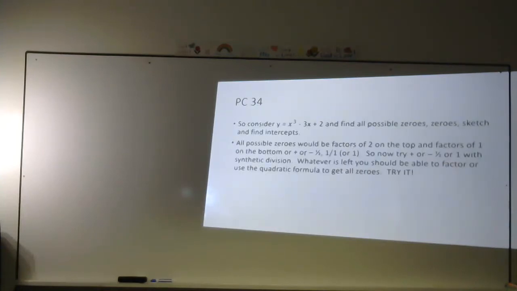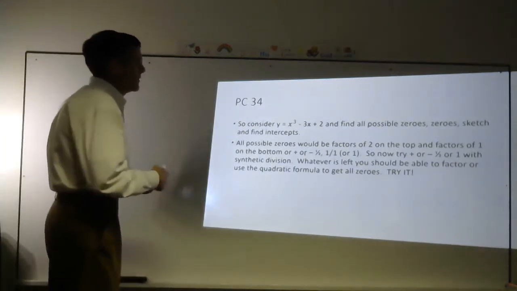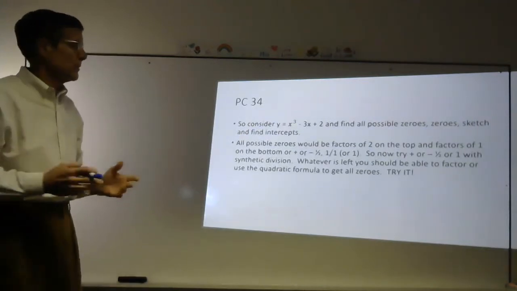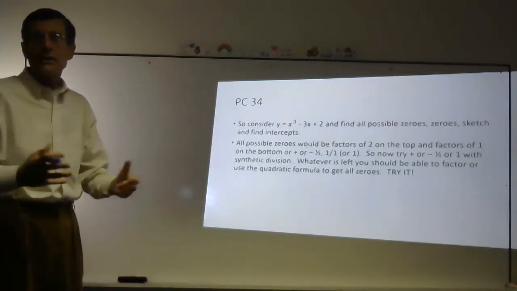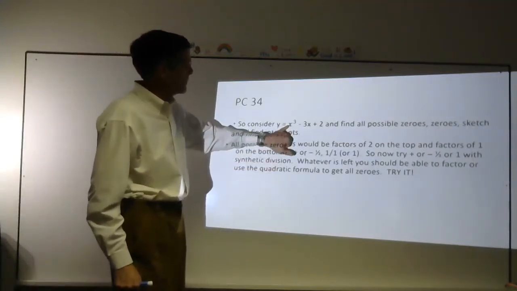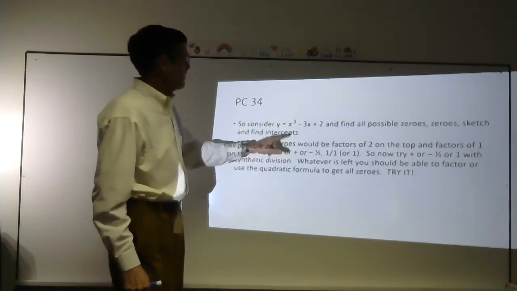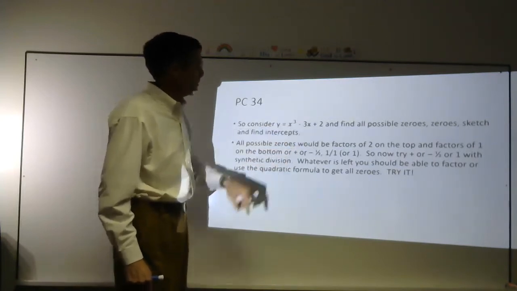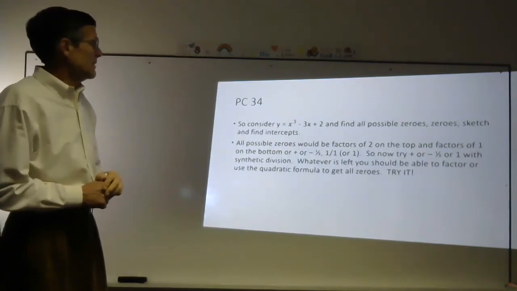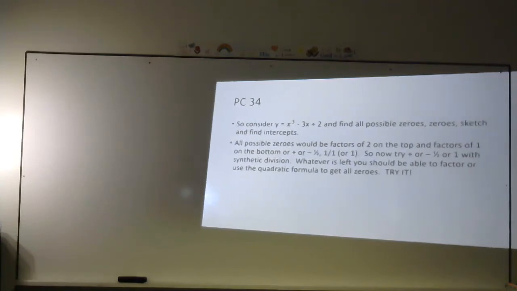So let's go on and try an example of that. If you consider x cubed minus 3x plus 2 and find all possible zeros, what are all the various things that could be zeros? Well, what you want to do is put factors of this, 1, on the bottom, and you put factors of 2 on the top. And hold on one quick second.